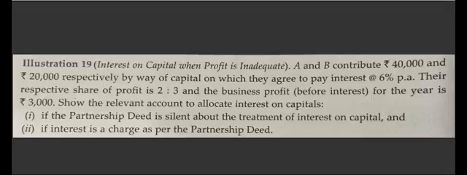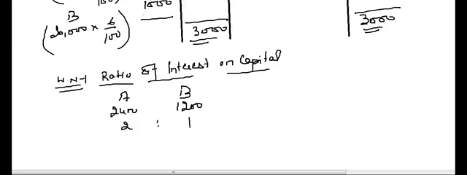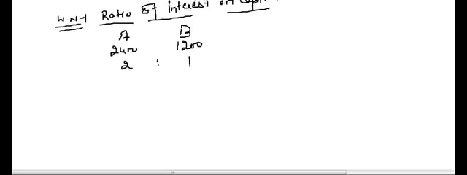It says if interest is a charge as per partnership deed. Now the partnership deed is providing that the interest is a charge. That means it has to be paid whether there are profits or losses. And in case of a charge, we will prepare profit and loss account and not profit and loss appropriation account. Be careful with this.